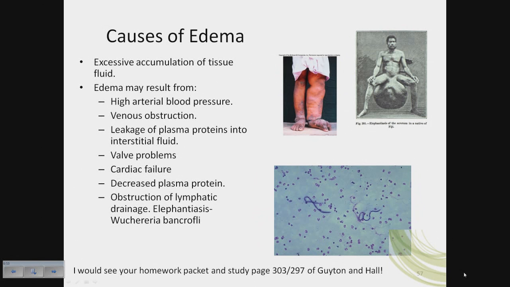Decreased albumin means decreased capillary colloid osmotic pressure, which means a lower value, no more 28 millimeters of mercury, it's lower. And now we have fewer particles in the plasma to help pull the fluid back into the capillary bed. And that means the fluid will accumulate in the interstitial space.